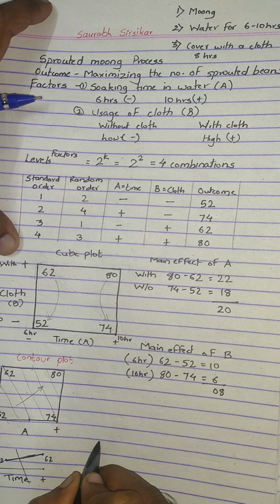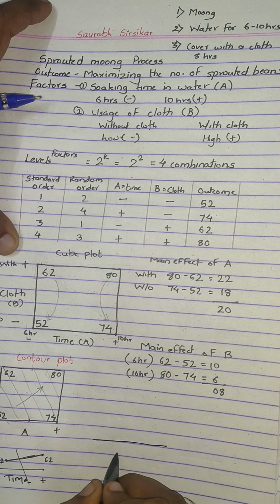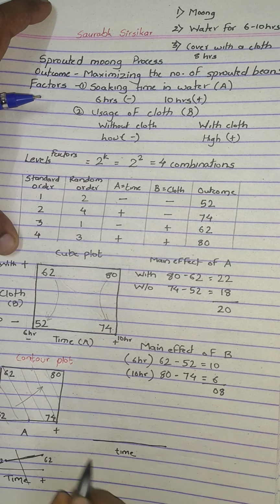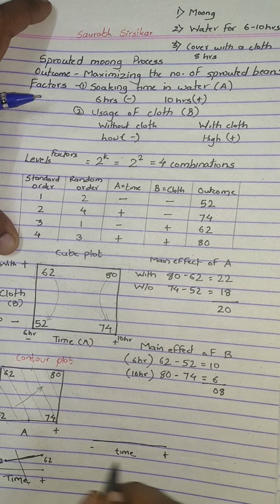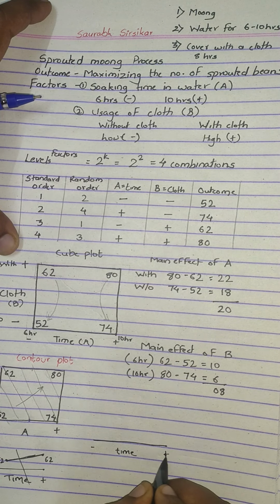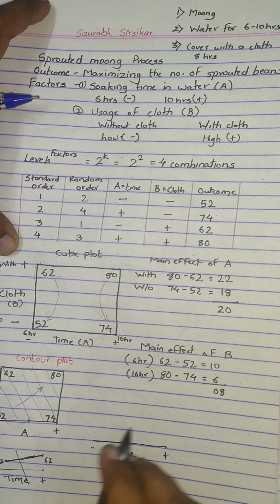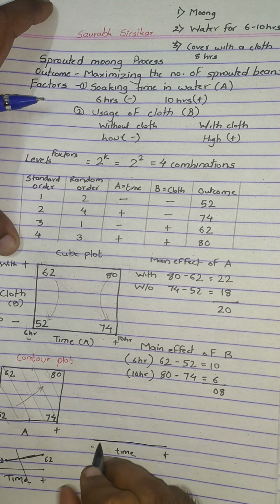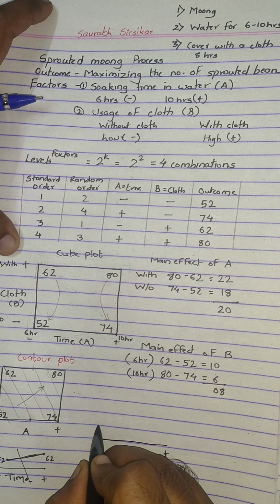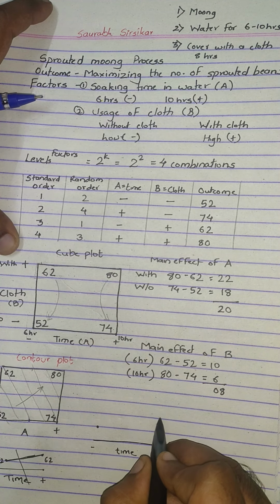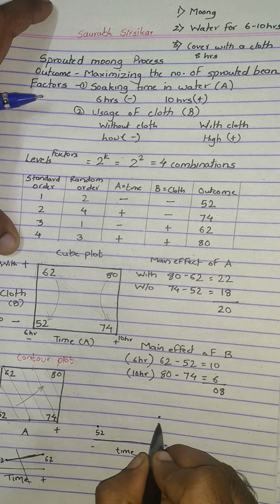So what I will do is I will draw soaking time on the axis. So this will be minus and this will be plus. Minus denotes 6 hours and plus denotes 10 hours, higher level. I will see, with the help of cloth, what is the reading? 52 and 74.